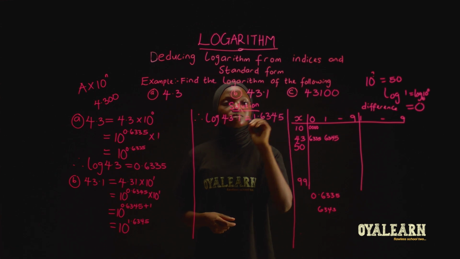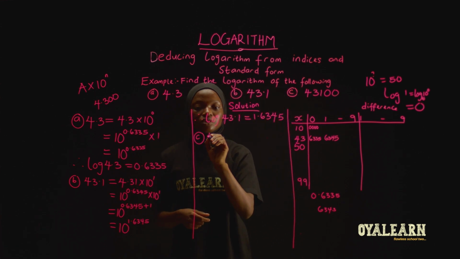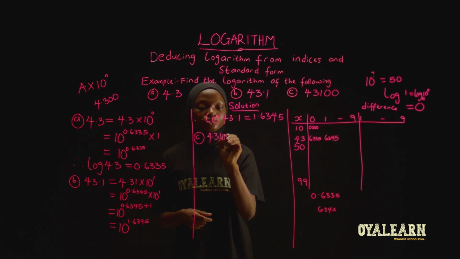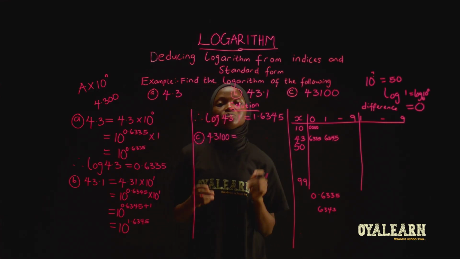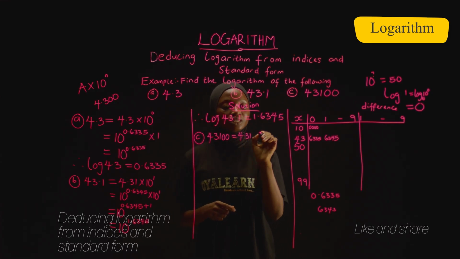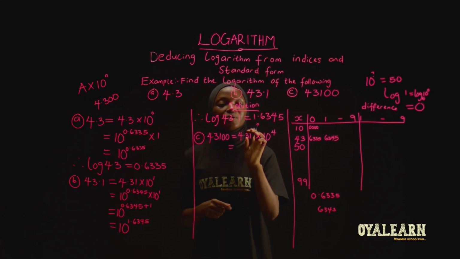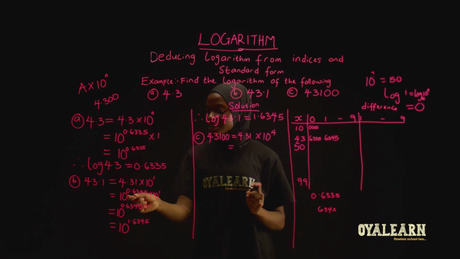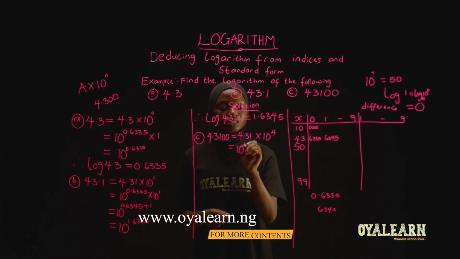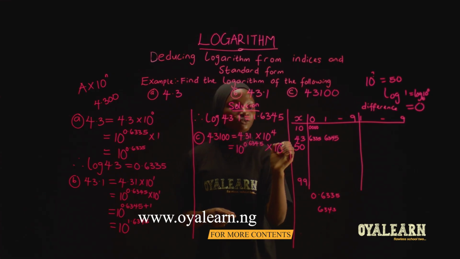The third question, we have 43,100. Same thing here, we express this in standard form, which gives us 4.31 times 10 raised to the power of 4. And 4.31 can be expressed as 10 raised to the power of 0.6345, times 10 raised to the power of 4.